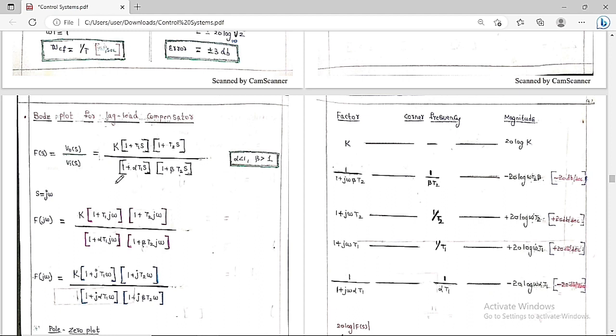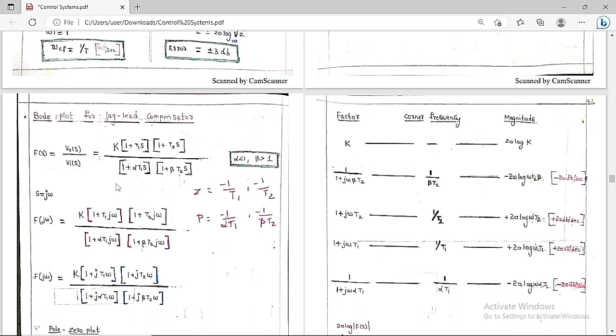So now, if you want to know the zeros and poles, I have already told you that the zeros are minus 1 by T1 and minus 1 by T2, whereas the poles are minus 1 by alpha T1 and minus 1 by beta T2.